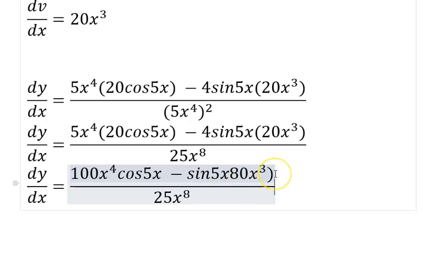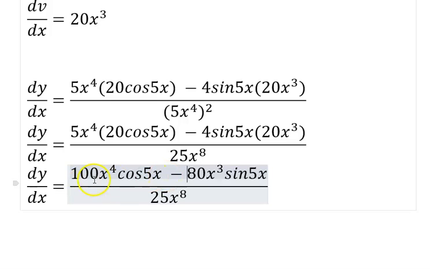Okay, let's just rearrange this, sine 5x, so that this one has gone to the front. Beautiful. So if you just multiply this 20 times 4, it gives you 80. This x cubed is here, this sine 5x is here. So it's just for you to multiply all what you have here.